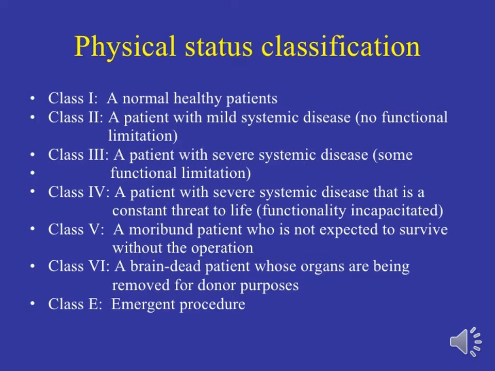If this is an emergency condition, you must take certain precautions to give general anesthesia. Class 6, a brain dead patient whose organs are being removed for donor purposes. And there is an added category with the classification of physical status: emergent procedure, where there is an emergency that can affect the patient.